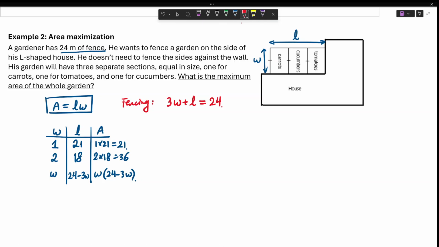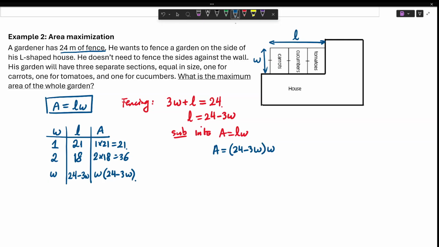Without the table, you would say, I know the length is 24 minus 3 times the width, and we sub this into the area formula. The area is now given by 24 minus 3W times W. So if you know the width that you want, you put it in, and that gives you the area of that garden.